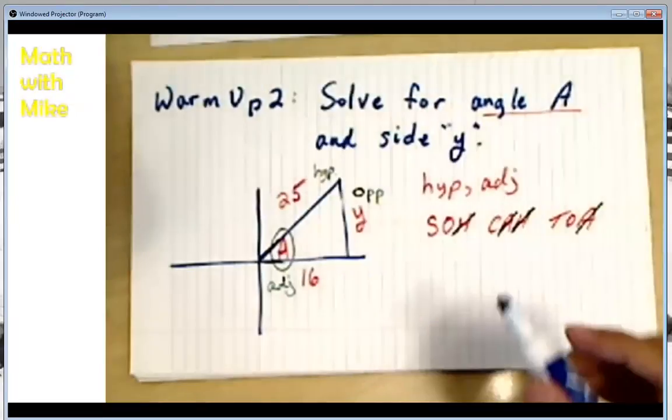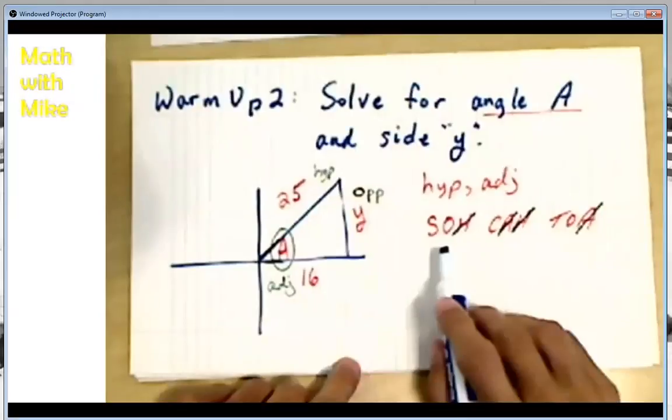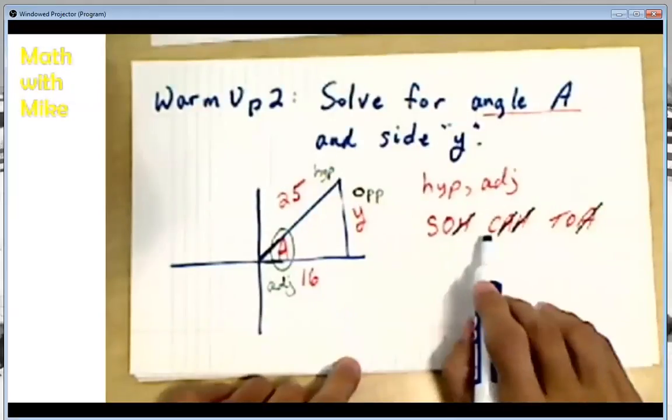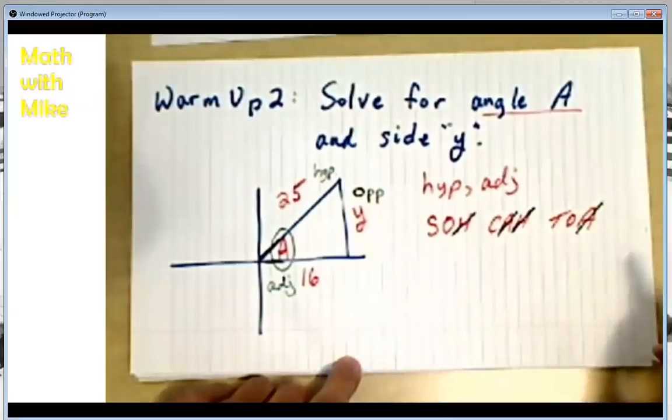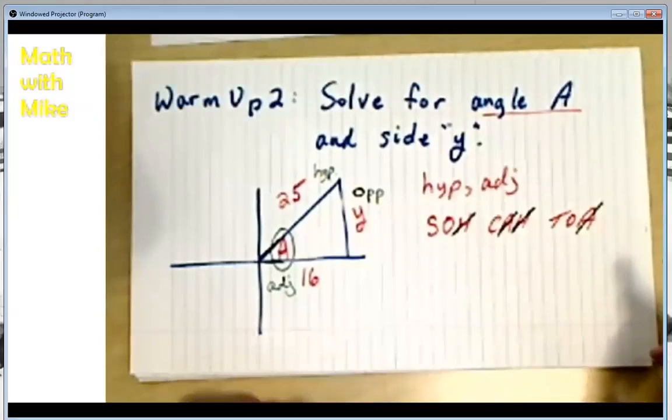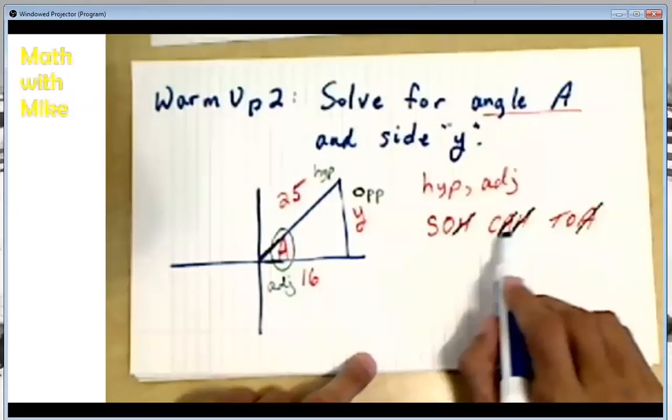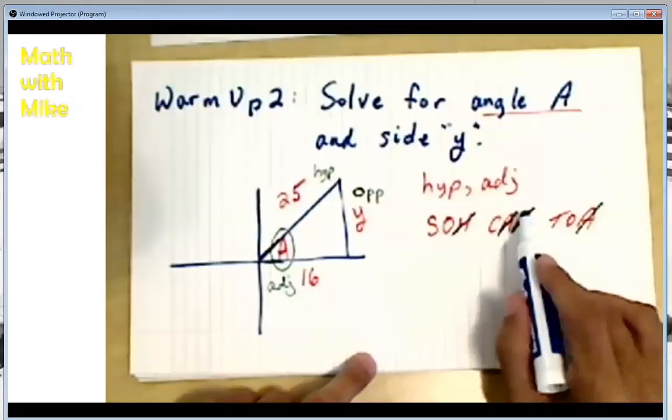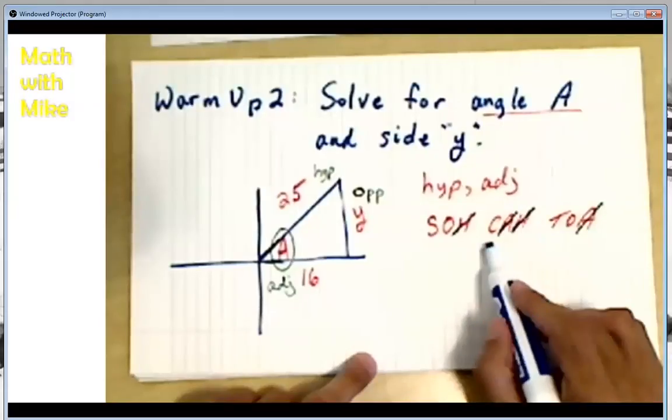So that means which trig are we going to use? The S, the C, or the T? Let's see, this one has two of the sides. So we're going to use this one.